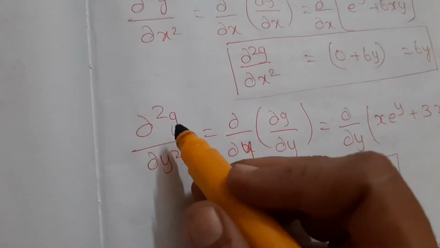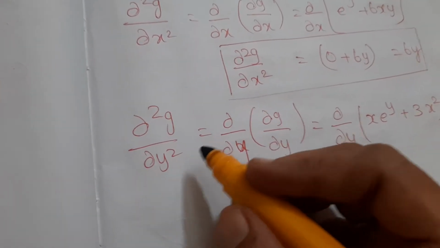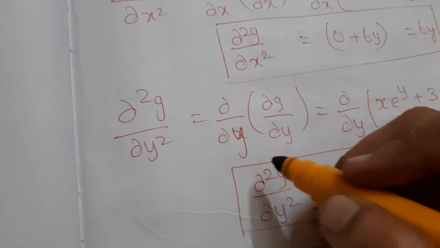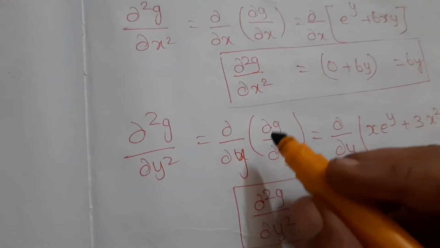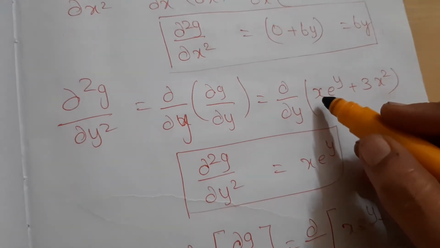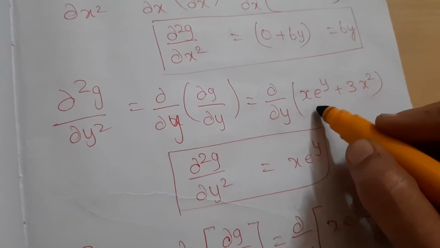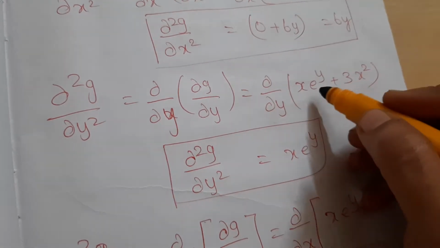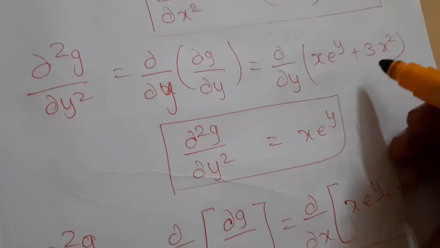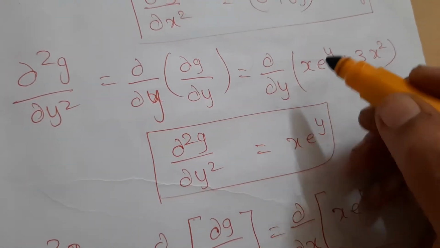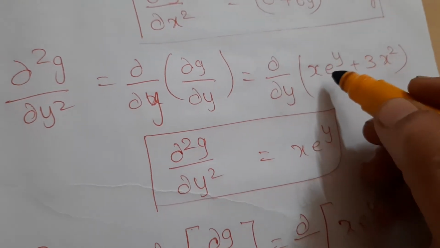Now the second derivative with respect to y I want to find out. So dou by dou y of dou g by dou y is nothing but x e power y plus 3x square. So this is the answer I got for dou g by dou y. Just like that I am writing here. So this term I want to differentiate with respect to y partially. The first term has x and e power y.